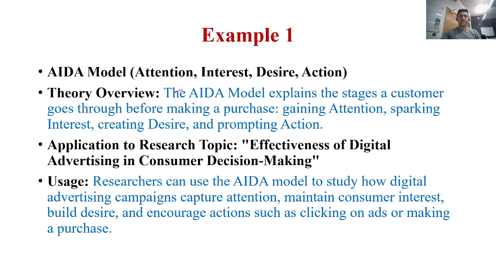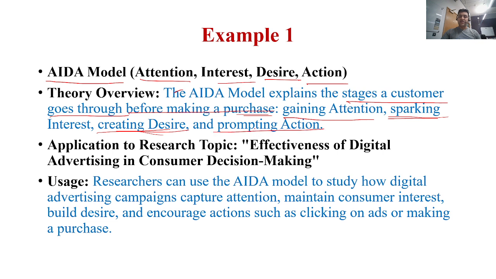So, if we look at this first model, which is AIDA model, attention, interest, desire, action. This is something that we use in marketing. So it explains the stages a customer goes through before making a purchase. So gaining attention is the first stage, then sparking interest, creating desire in the consumer's mind, and then they will take action.